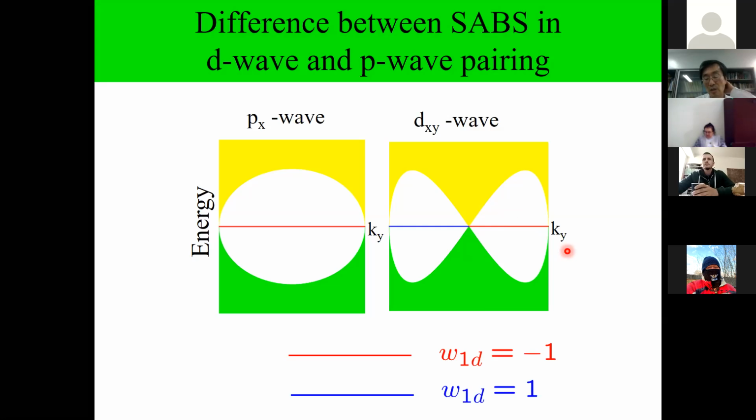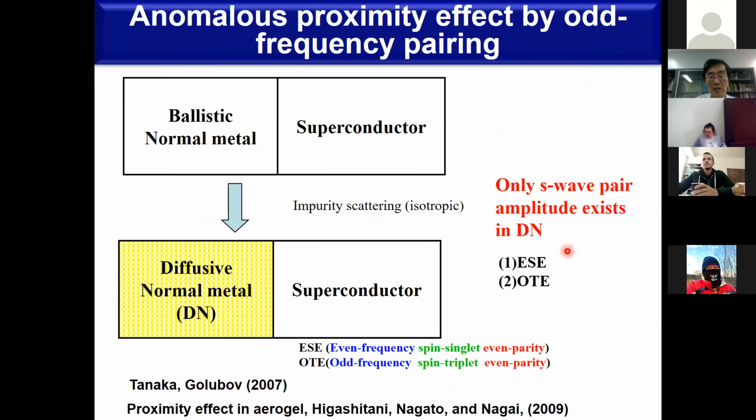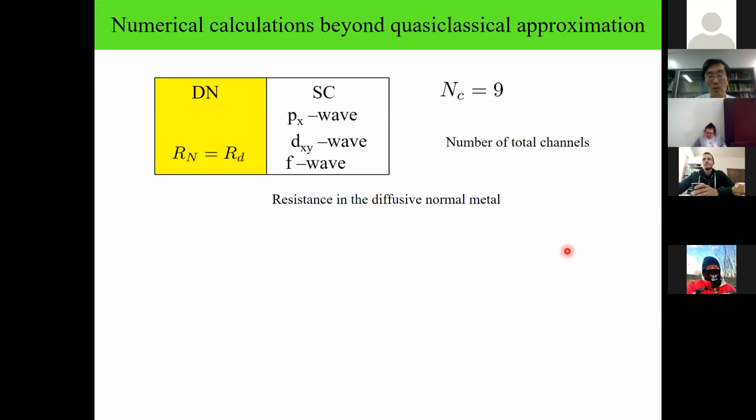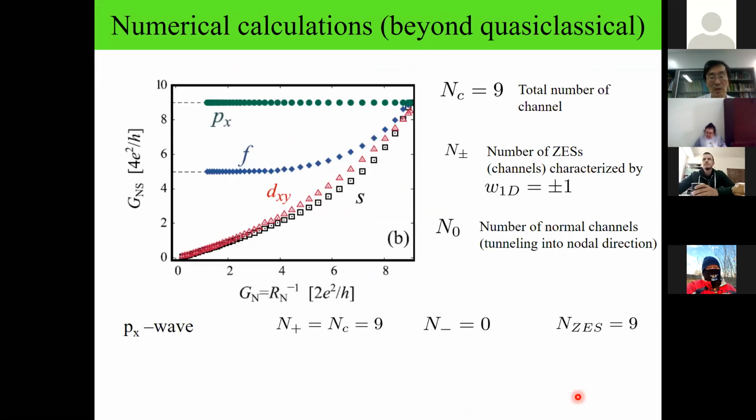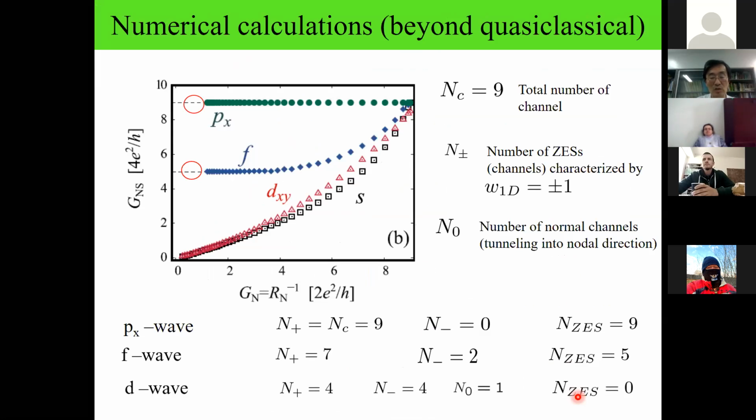Totally, n plus minus n minus is 0, so the charge conductance here becomes 0. This is a very important message: the index theorem actually appears in the charge transport problem.